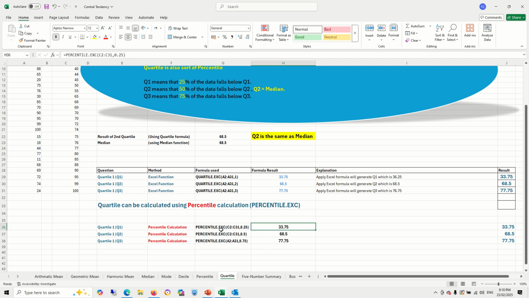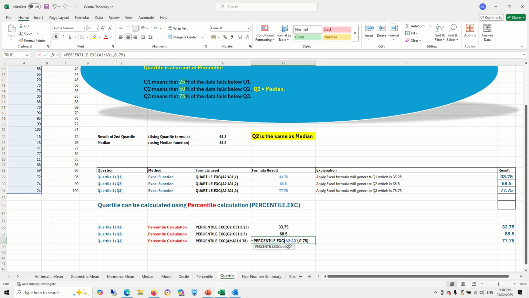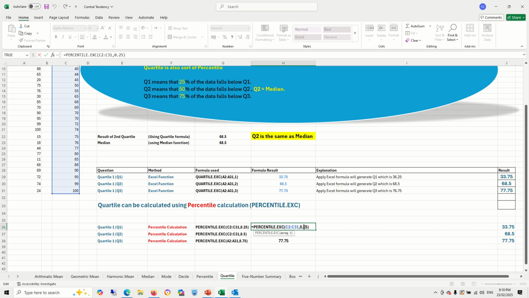So as you see here, for the first quartile we use 0.25, and for the median or second quartile 0.5, and the third quartile is 0.75. Sorry, I said decile, it is quartile, not decile.